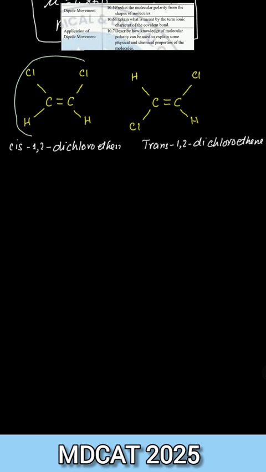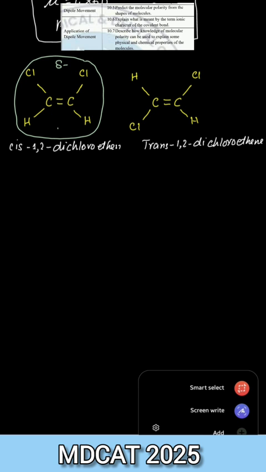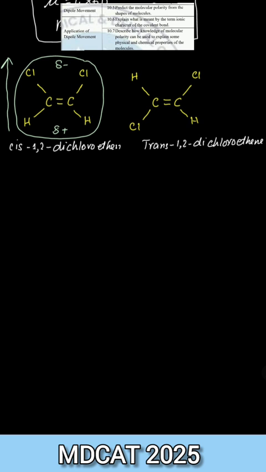One end is negative because of the two chlorine atoms, and the other two are partial positive. This can be represented by this vector, whose resultant is not 0, so this molecule is polar with a dipole moment greater than 0 D.